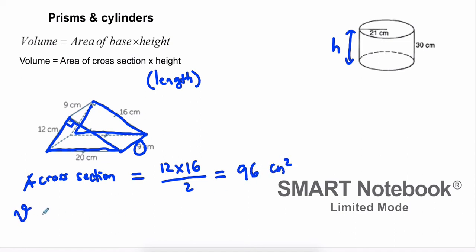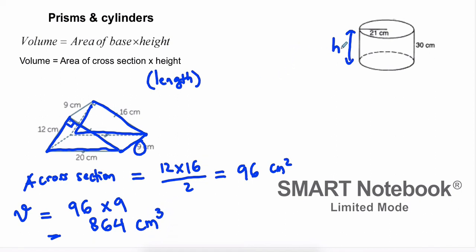To find the volume, very easily, we multiply this area of the cross section by the length of the prism, which is 9 in this case, and then you will have 864, and the unit is, be careful, centimeter cubed. It's a unit for volume.